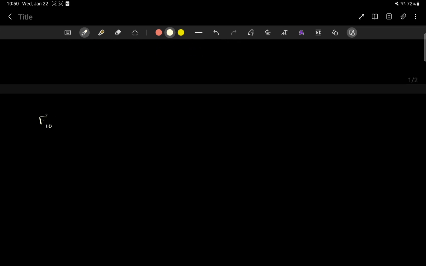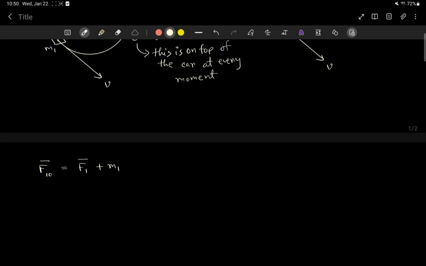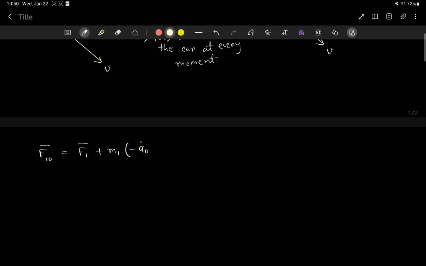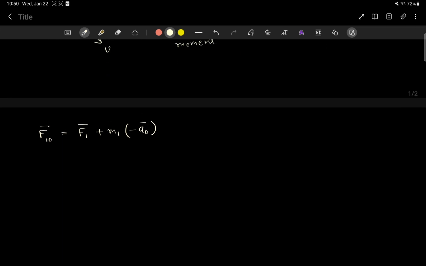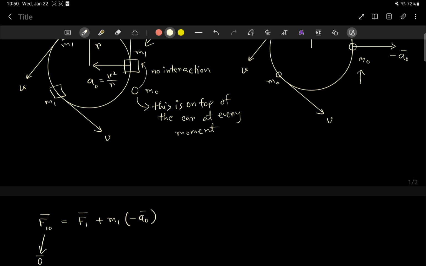So F10 is equal to F1 plus M1 times minus a naught, where this is M1. From the perspective of object 0, this is 0, because the force on object 1 is 0 since it is stationary with respect to m naught.